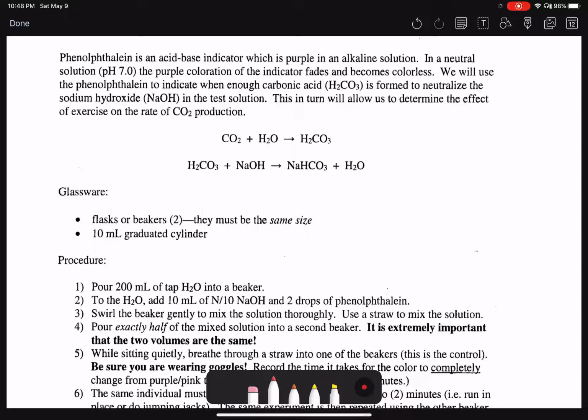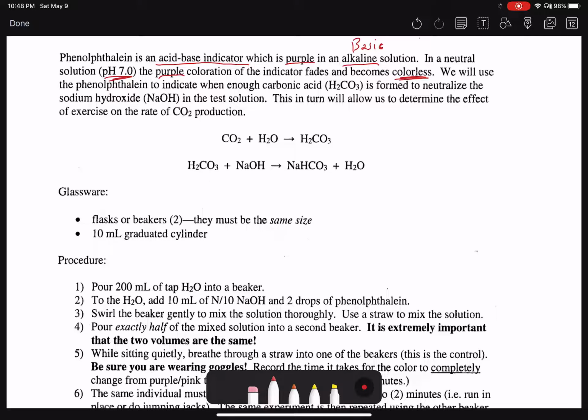So phenolphthalein is an acid-base indicator dye, which is purple in an alkaline or basic solution. Remember, alkaline means the solution is basic, which means the pH is greater than 7. However, in a neutral solution, that is a pH of about 7, the purple color fades and becomes colorless. So phenolphthalein is colorless at neutral pH, and it's also going to be colorless at acidic pHs as well.